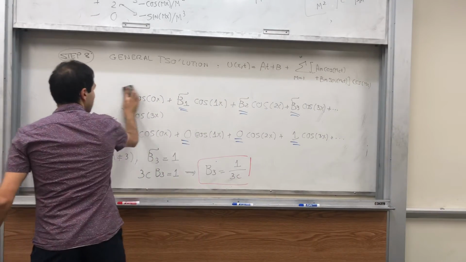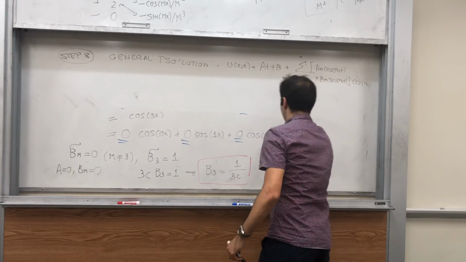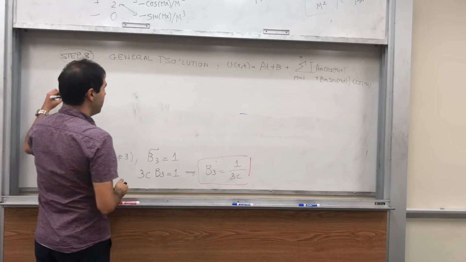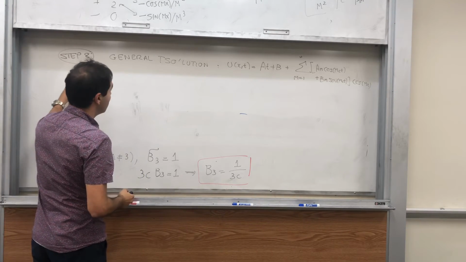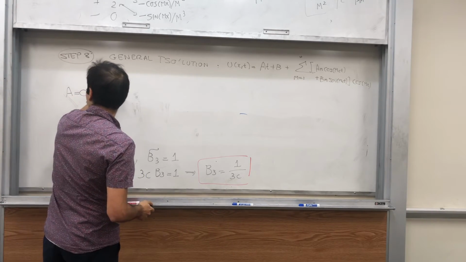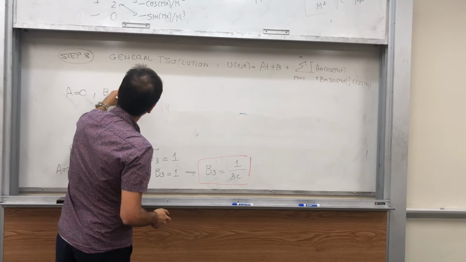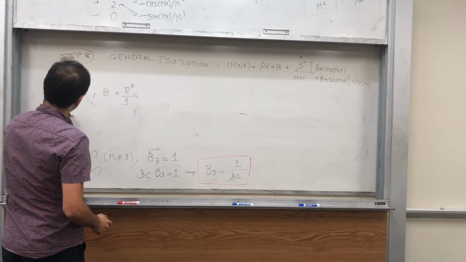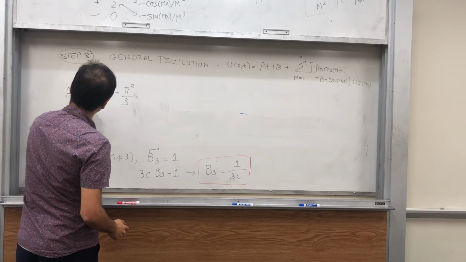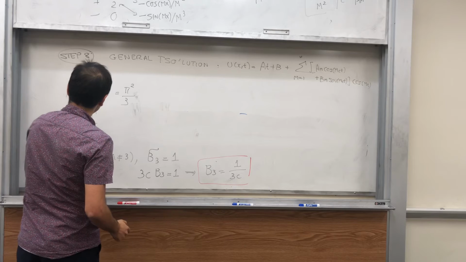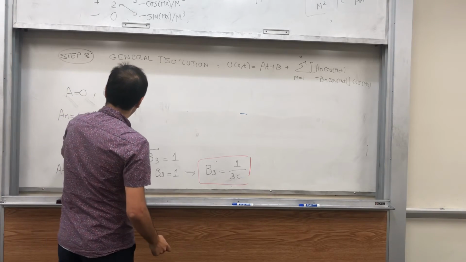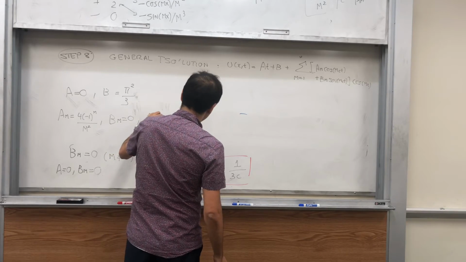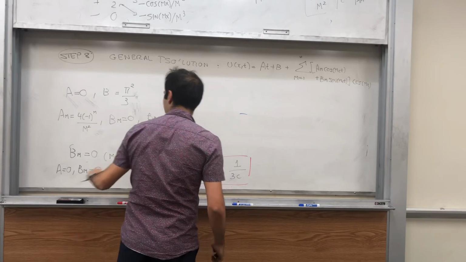So let's see. A was 0. B, I wrote this down, was pi squared over 3. Now, am was 4 times minus 1 to the m over m squared. And then, well, bm was 0, except for b3, which is 1 over 3c.